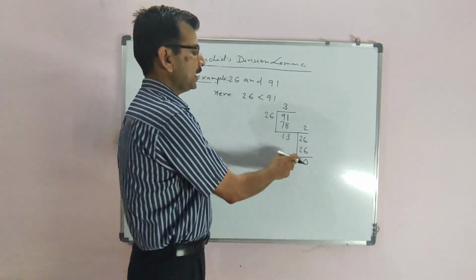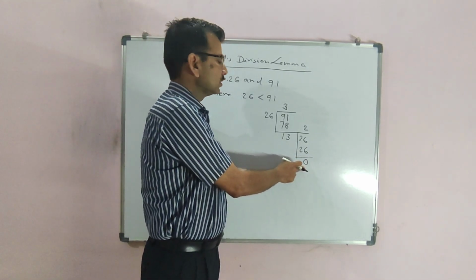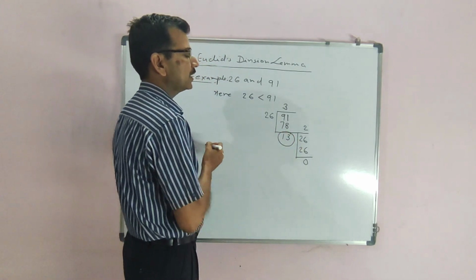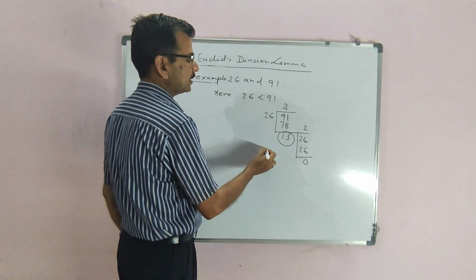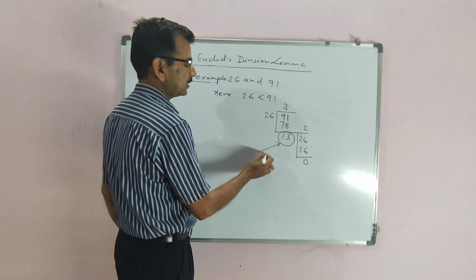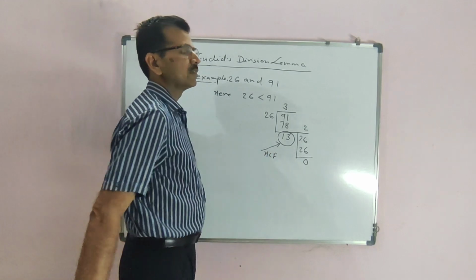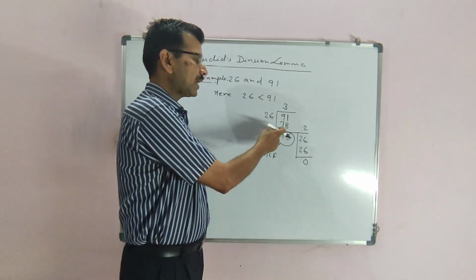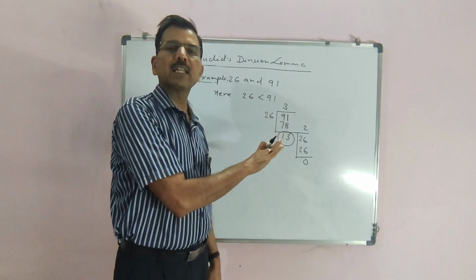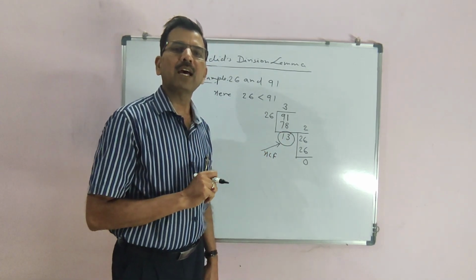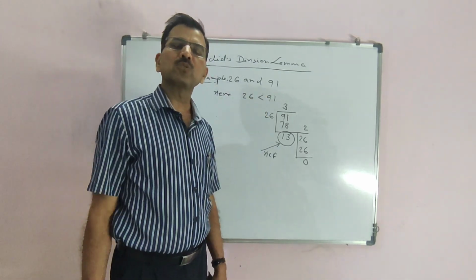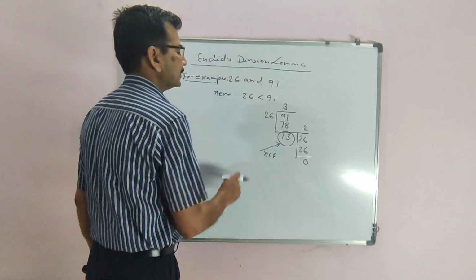When we get the remainder as 0, what is the last divisor here? 13. And this last divisor we say is the HCF. That we did in the lower class, and we know this also. The last divisor is the highest common factor of those two numbers.